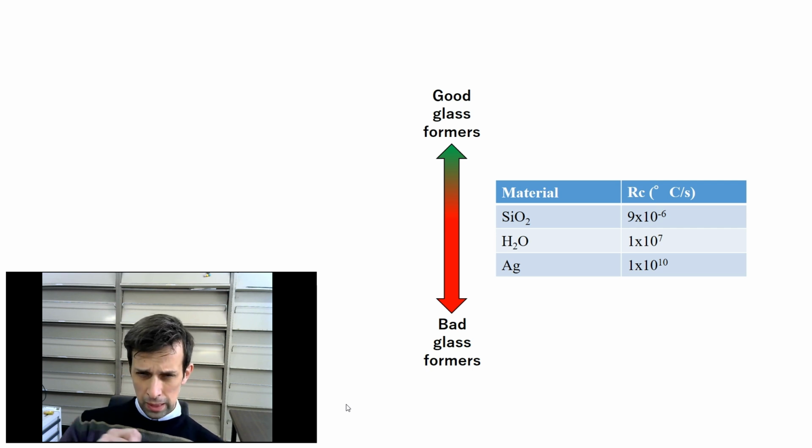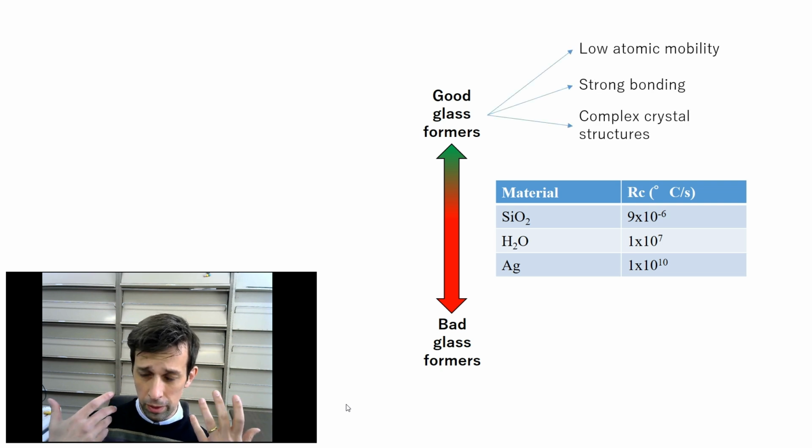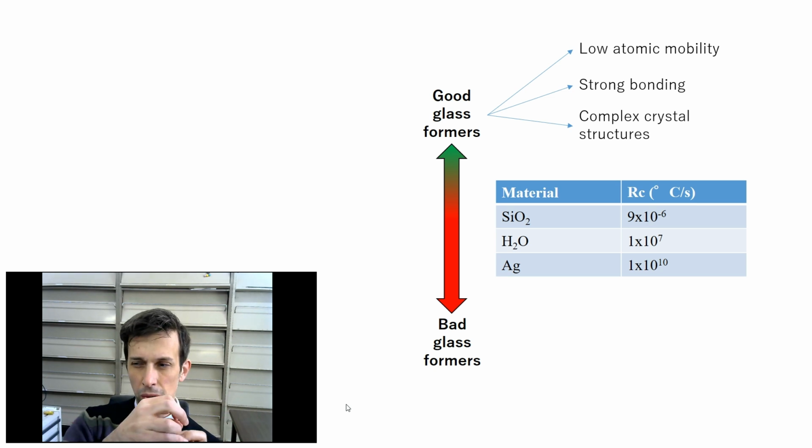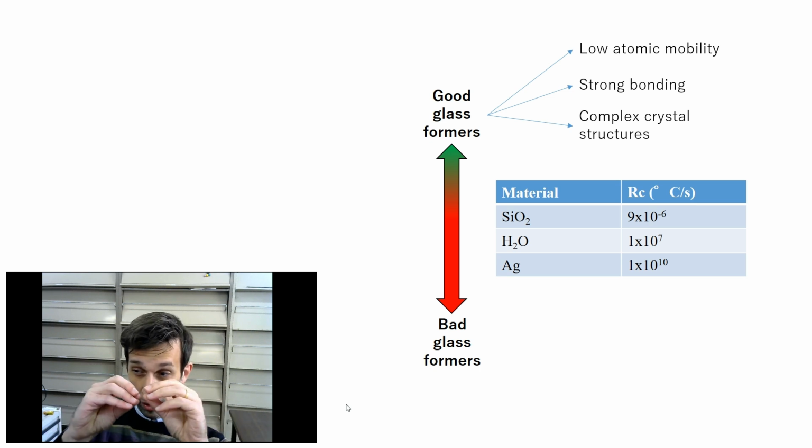Okay, just to give you a few rules on what changes from the point of view of the basic elements: good glass formers have low atomic mobility, meaning that once they form their connection, they don't want to move from there anymore. That's why they cannot rearrange to give space to the other atoms to organize a very nice or regular structure.